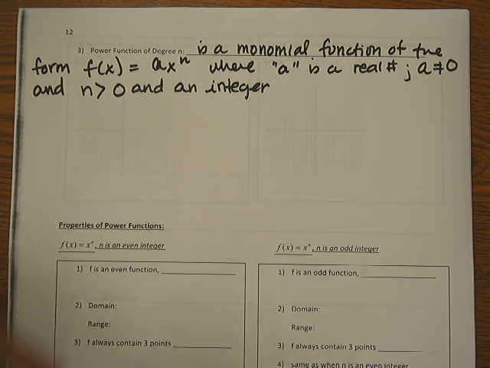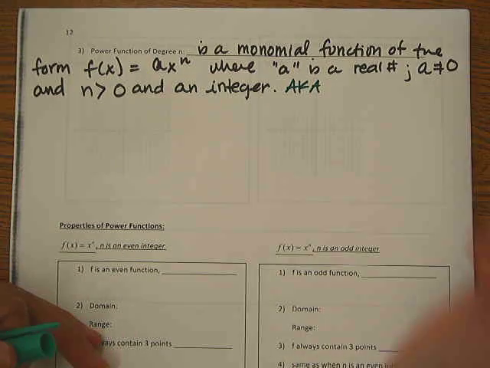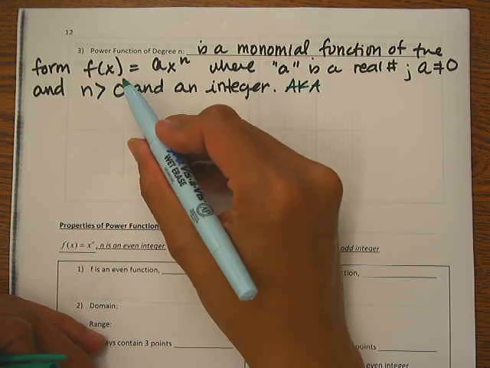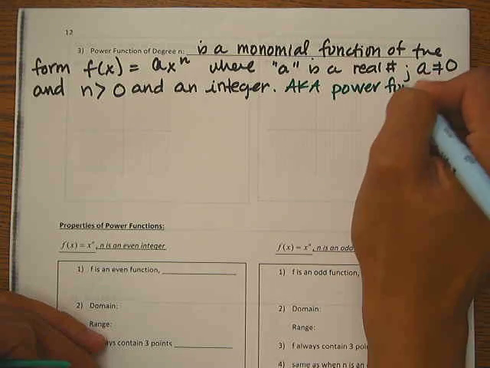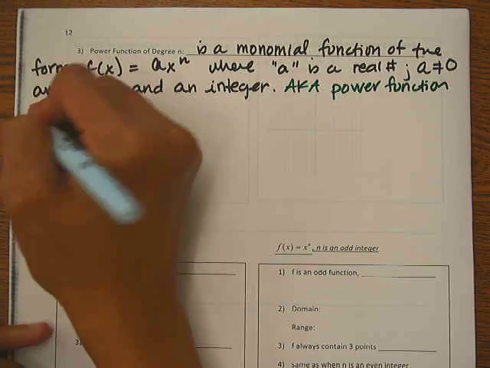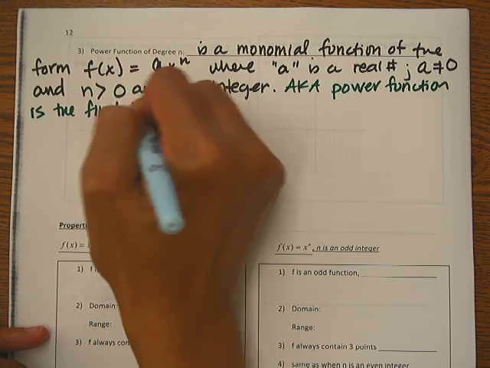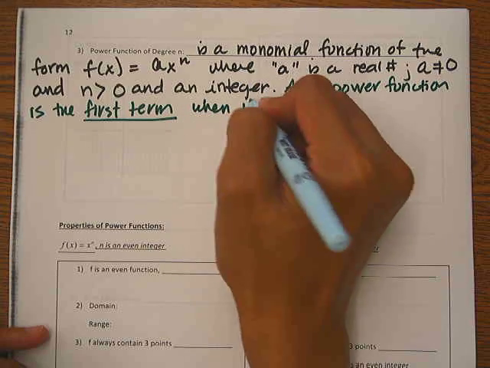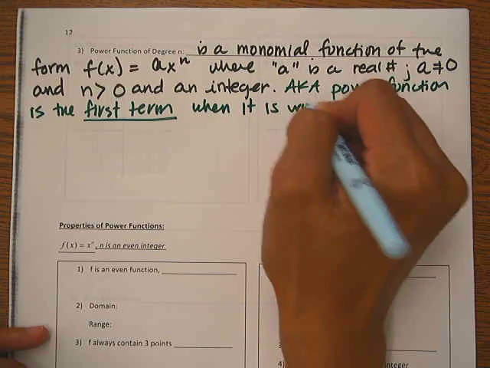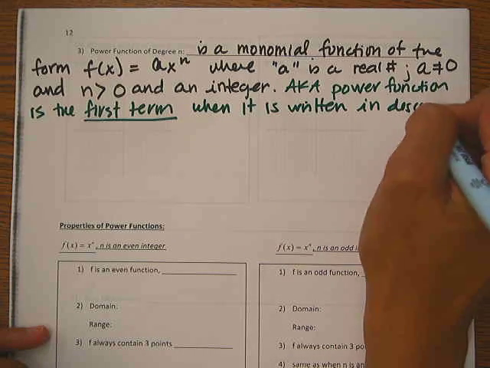So I'm going to put aka, look at that, different color. Aka power function is the first term, the entire term, when it is written in descending order.